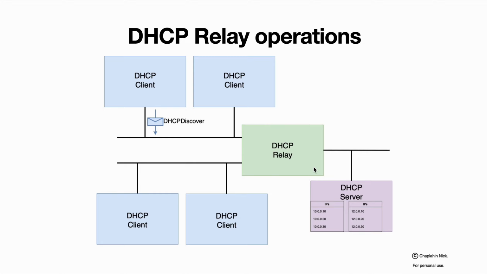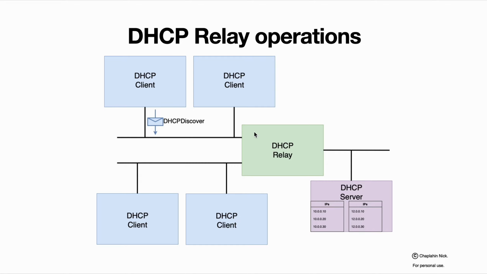Then a DHCP relay is put in between, and the function of the DHCP relay is to transmit information between clients and server. Important: not transmit packets, but information. The DHCP relay doesn't forward or flood a DHCP packet. It receives it, processes it, and generates a new one to the necessary destination.